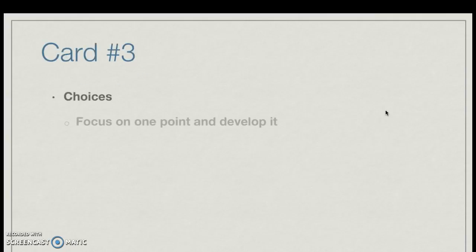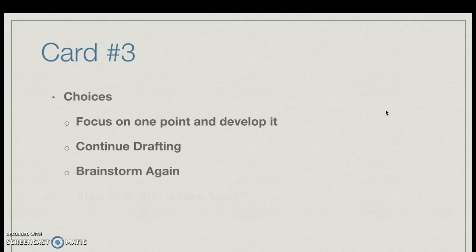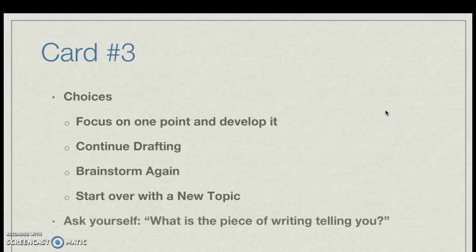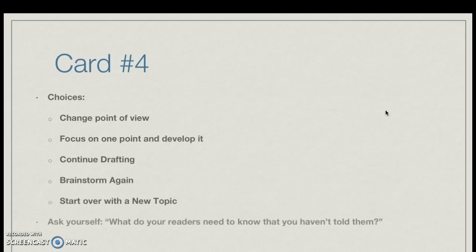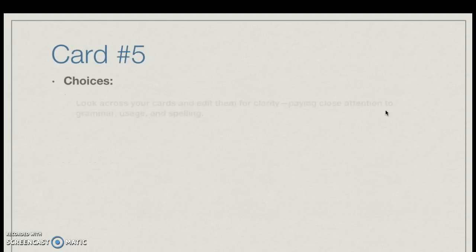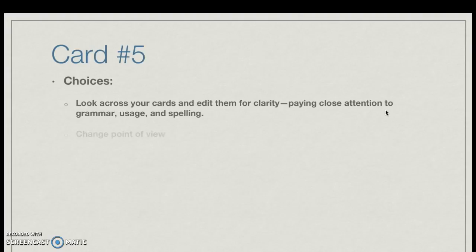Card number 3, if you decided to focus on one point and develop it, you were revising. If you decided to continue drafting, you were drafting, and so forth. Card number 4, your focus was on changing the point of view, which again is revision. If you decide to do that with card number 4, you revised. Otherwise, you were either drafting or brainstorming, or starting all over again with a new topic. For card number 5, if you looked across your cards and edited them for clarity, then you were editing.